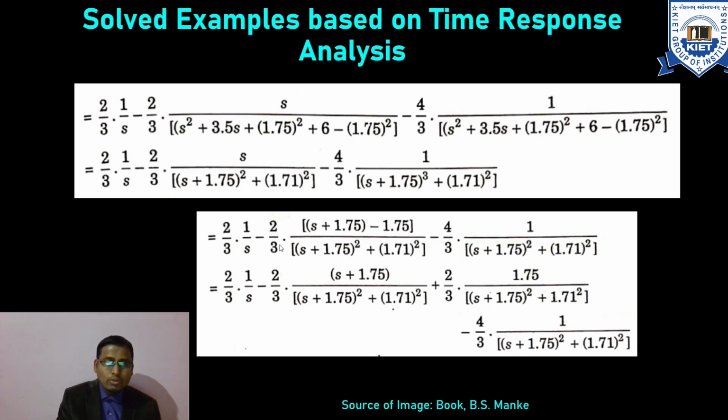Because here minus 2 by 3 is multiplied with the first term, and again minus 2 by 3 is multiplied with minus 1.75. That's why here the plus sign. Okay, so I think we are getting up to this point, and after that we simplify this form. The last portion is not simplified. In the next slide, that is simplified into the existing Laplace transform.